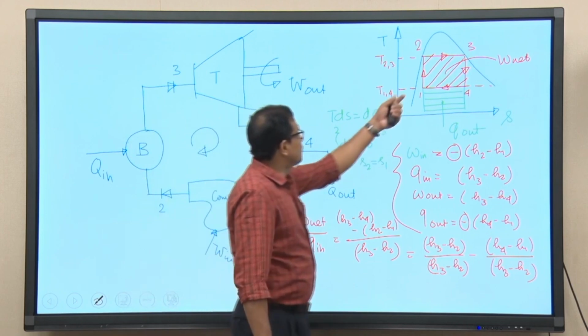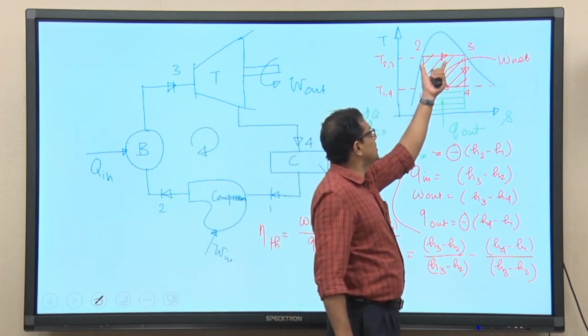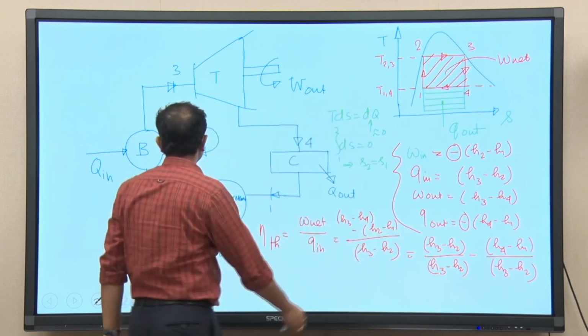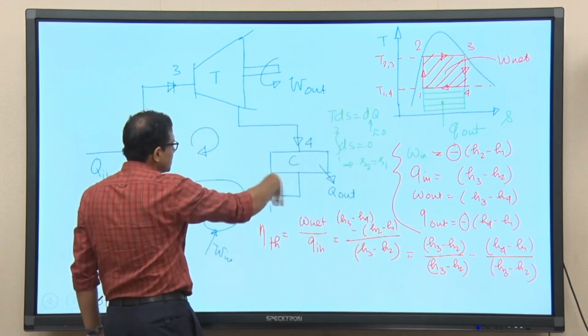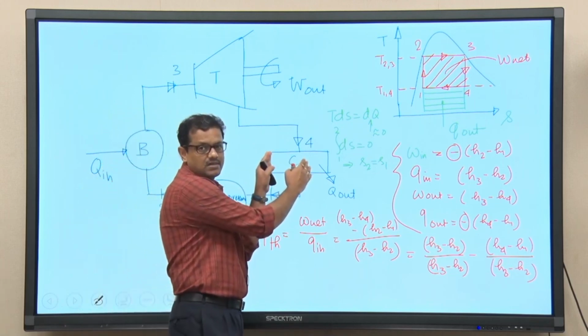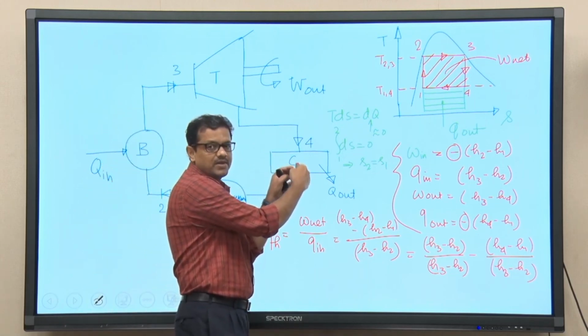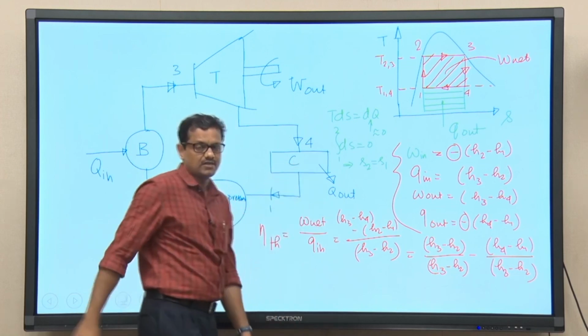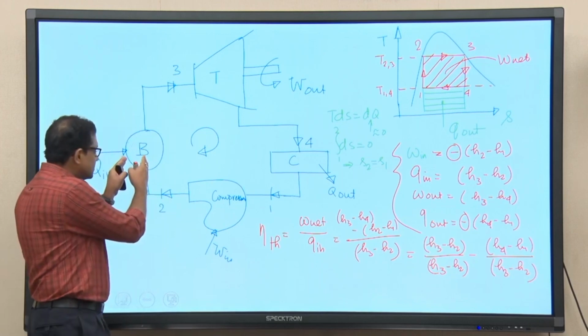On the other hand, try to understand this part: this condenser part is basically the low temperature thermal reservoir. So, if we reduce the temperature of the low temperature thermal reservoir, we can increase the efficiency of the cycle.